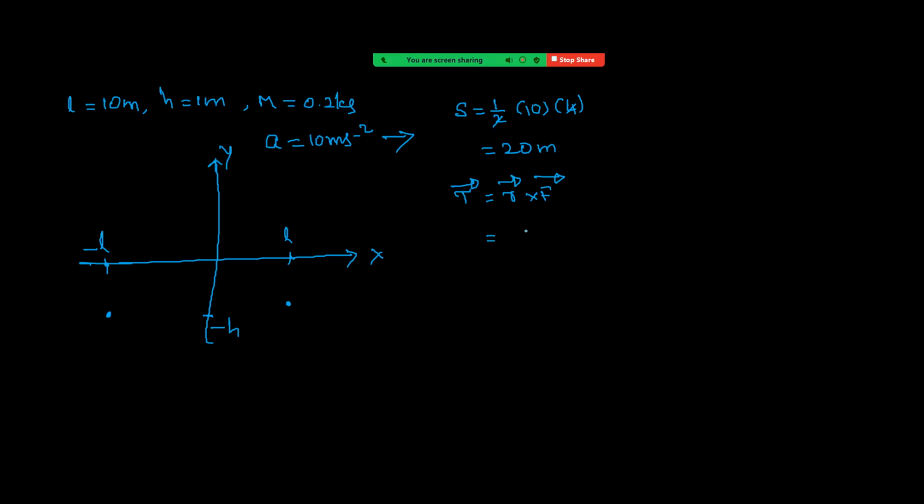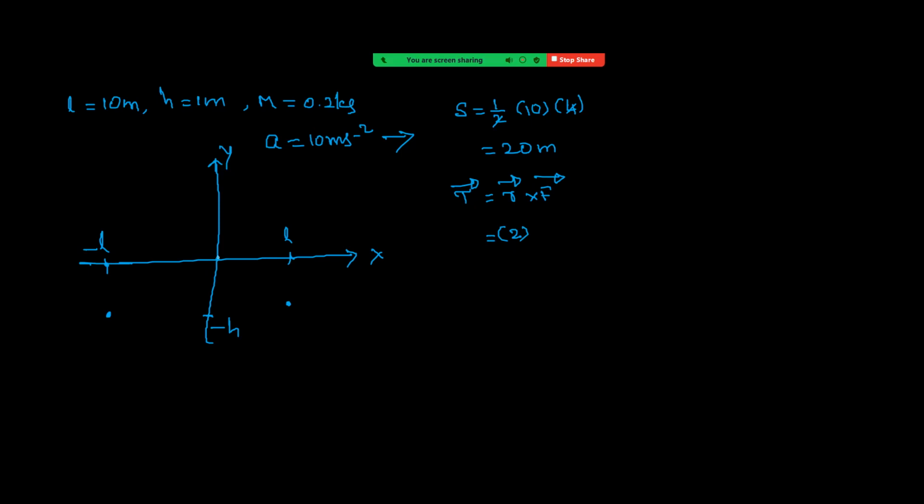First the magnitude: F into R, F value is 10 into 0.2, that is 2. We are calculating torque about the origin.